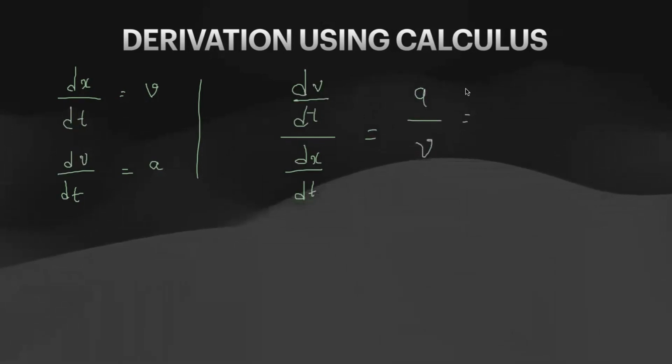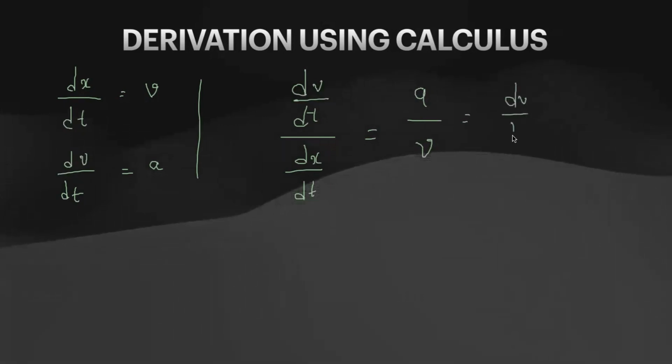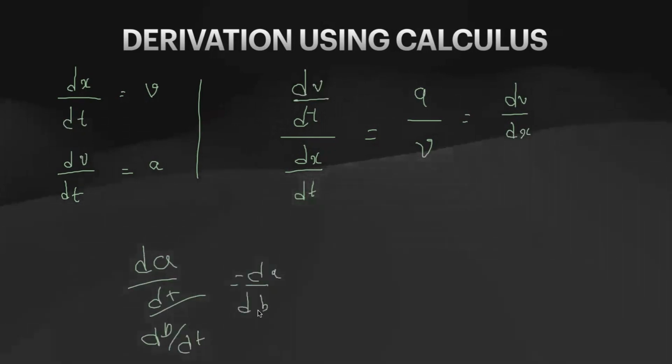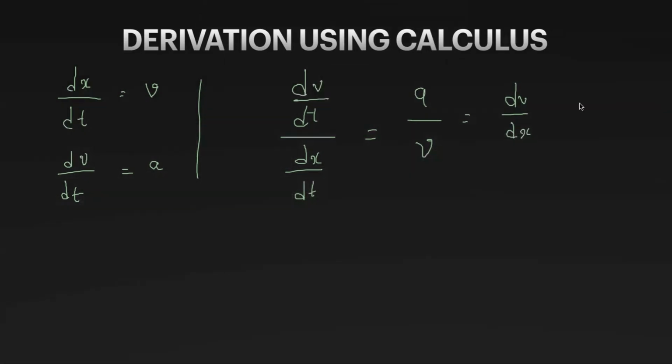Now, dv by dt by dx by dt, can write it as dv by dx. Remember, dA by dt, dB by dt, dA by dB. Correct? Is this clear? What is so special?